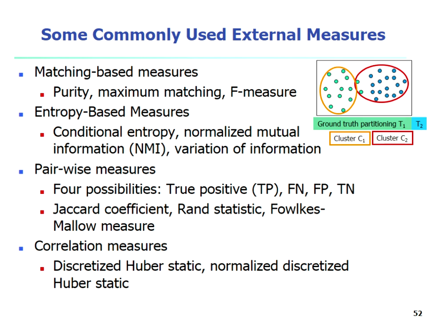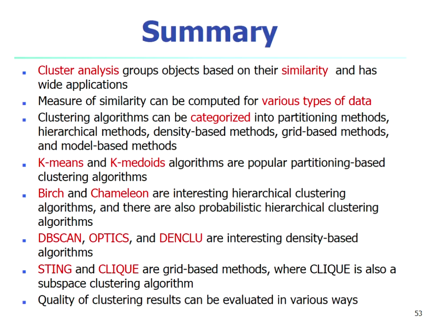Pairwise measures, where there are 4 possibilities: the true positive, the false negative, the false positive, and the true negative. Jaccard coefficient, correlation measures, etc. So there are many external measures that can be used to evaluate the clustering.